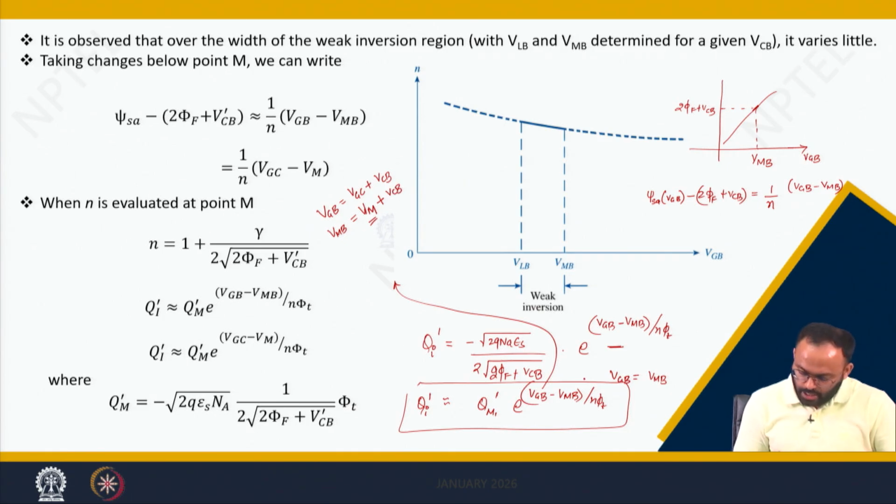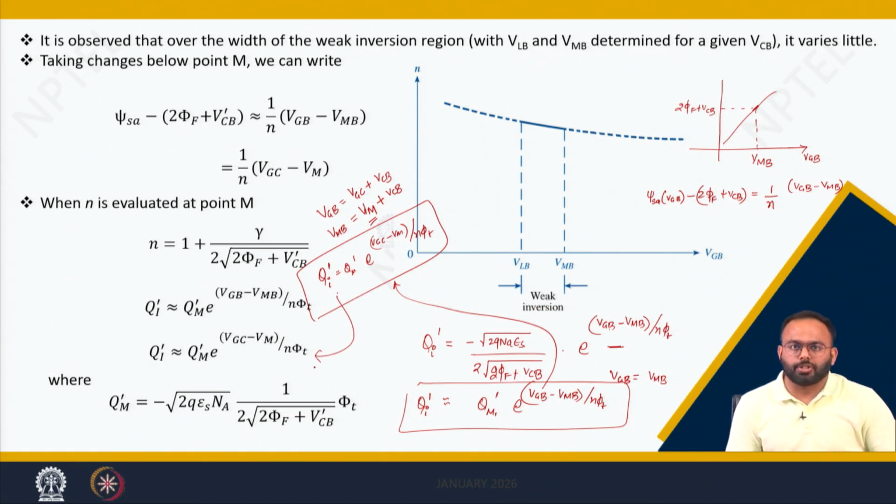If we put this here, we will get ultimately a closed form equation which says how my inversion charge is related to the gate voltage. So Qi dash equals Qm dash into e to the power of VGC minus VM by n times phi t. This tells us how my charge is related to gate voltage.